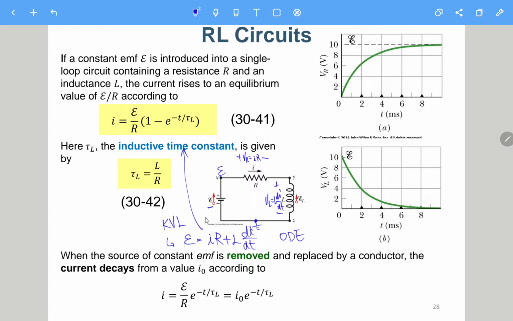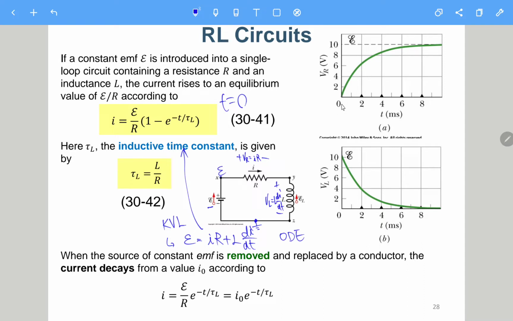If you can accept this is the answer to this equation, let's take a look at what it is. This is an exponential function, and we usually start from t equals 0. If we plug in t equals 0 here, e to the 0 power is 1. So 1 minus 1 is nothing but 0.